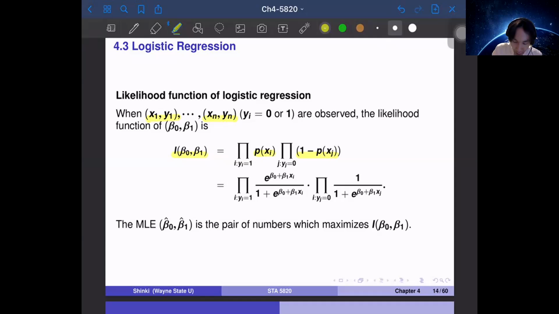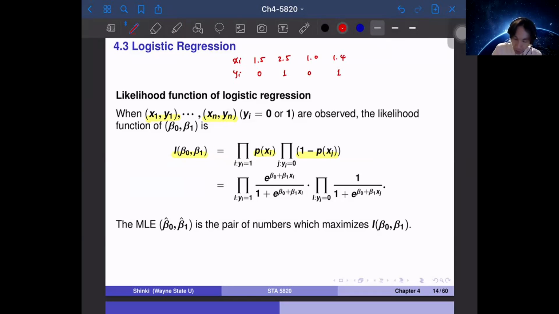Probability of yi given xi. To be exact, suppose we have the xi and yi. So yi is 0, 1, 0, 1, and the x is maybe 1.5, 2.5, 1.0, and maybe 1.4 or something.